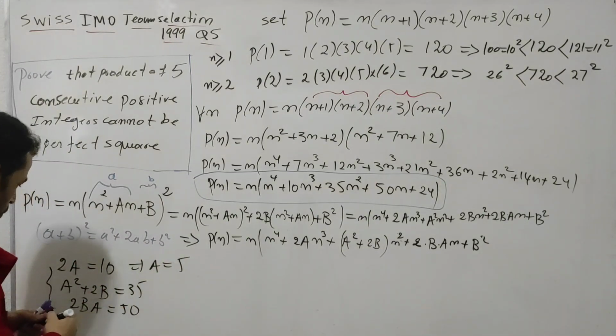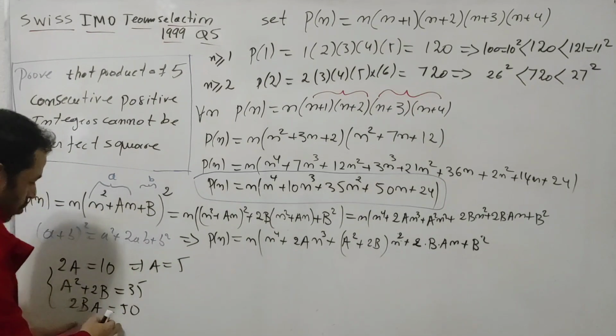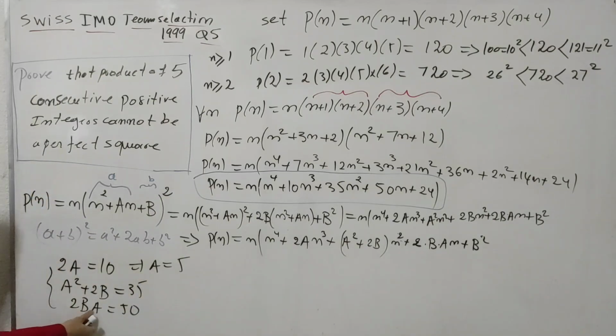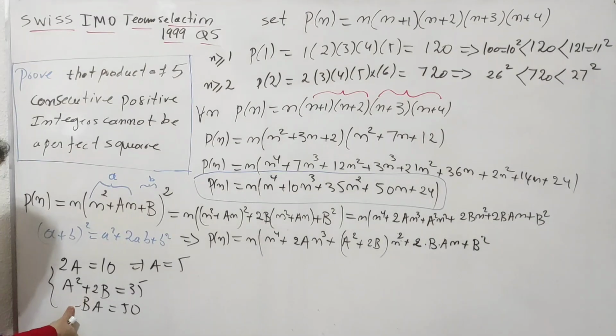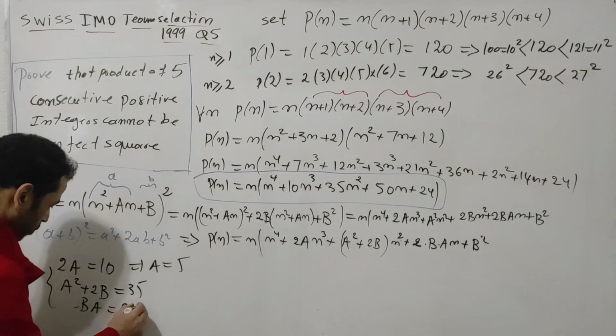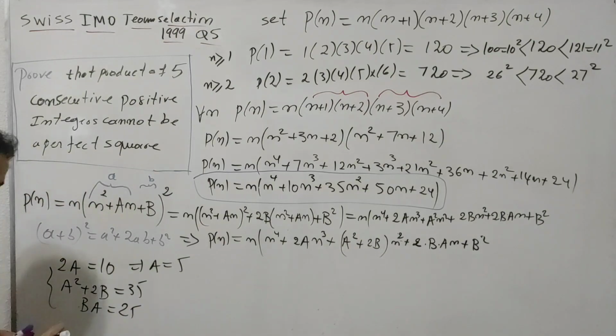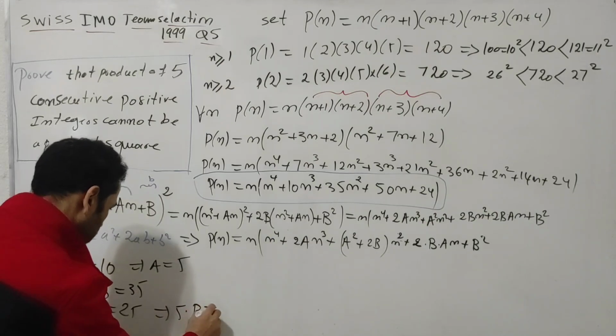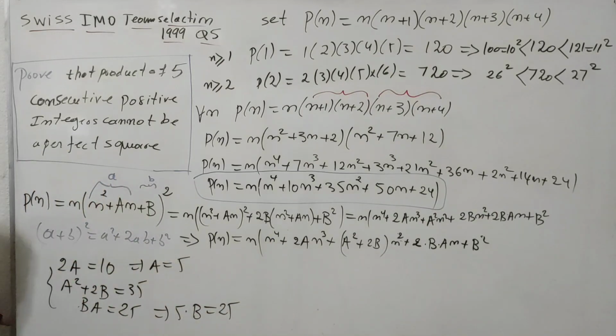For the B, we don't need this second expression. Going through the third expression will be easier to calculate it. This one, 2BA equals 50, that means I'm going to put 25, dividing both sides by 2. Now since I know the capital A equals 5, that means I have 5 multiplied by capital B equal to 25.